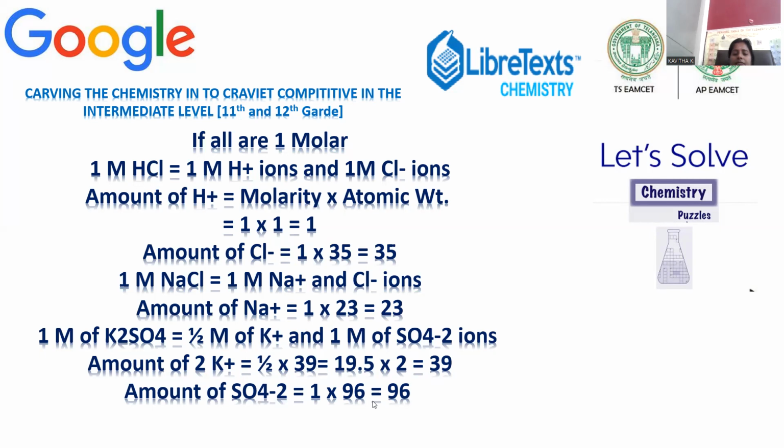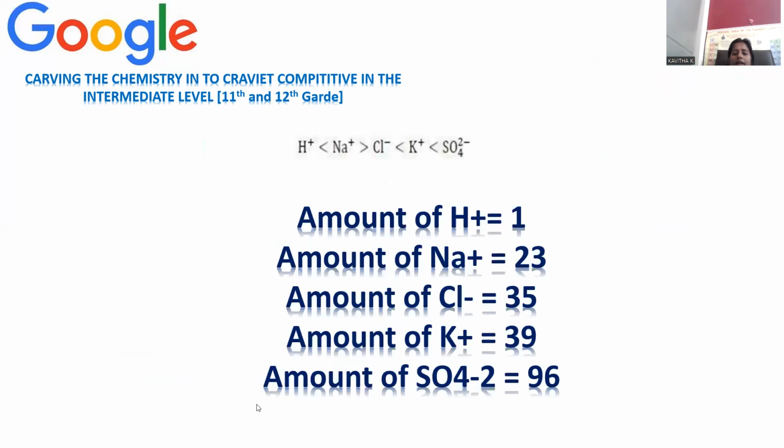96 is highest for sulfate, so the right order will be: obviously lightest is H plus, whose amount is given as 1 only. Sodium amount is given as 23. Next sodium will come, then chloride, which is 35, and then potassium, which is 39.